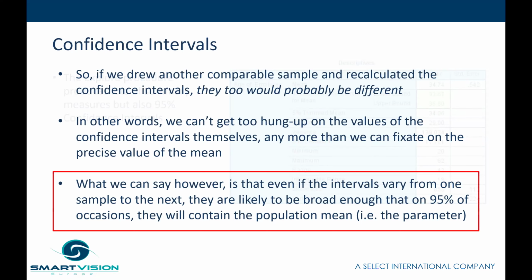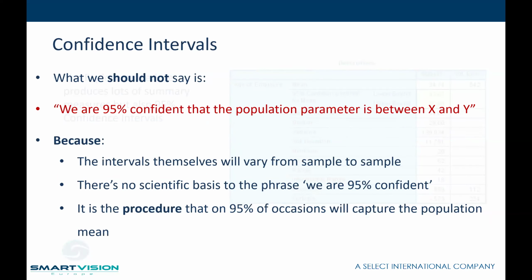What we can say, however, is that even if the intervals vary from one sample to the next, they are likely to be broad enough that on 95% of occasions, they will contain the population mean, i.e. the parameter. What we should not say is that we are 95% confident that the population parameter is between X and Y. This is a very hard thing for people to get their head around, but basically if you say that, a statistician will rap you over the knuckles.